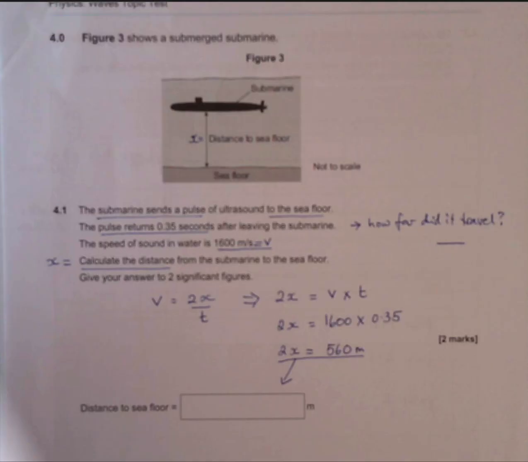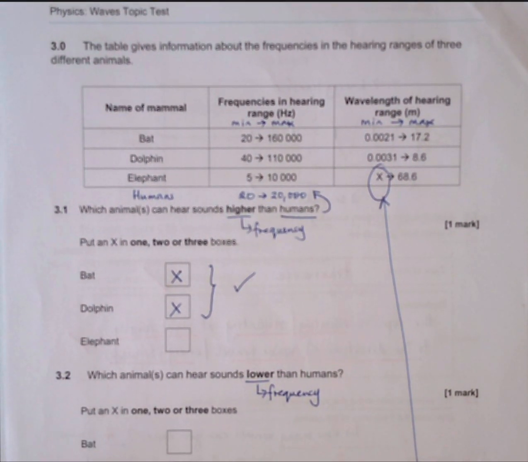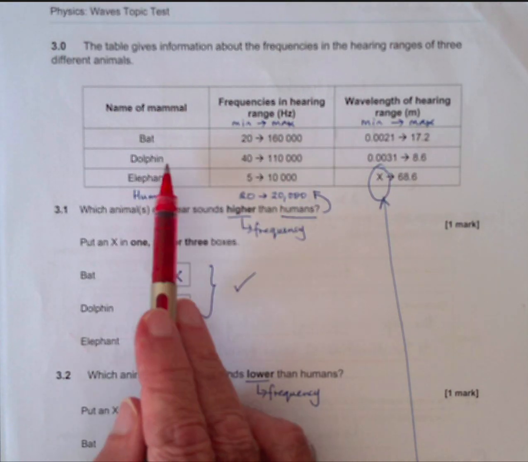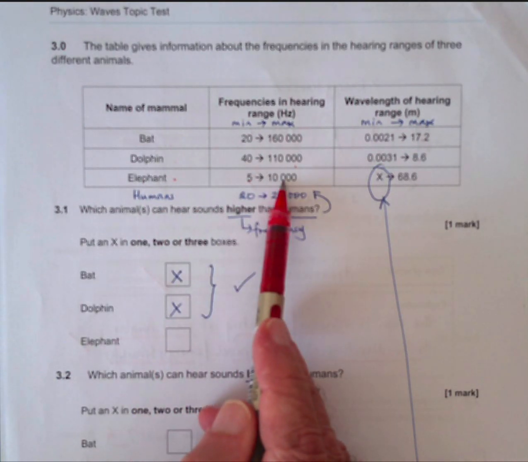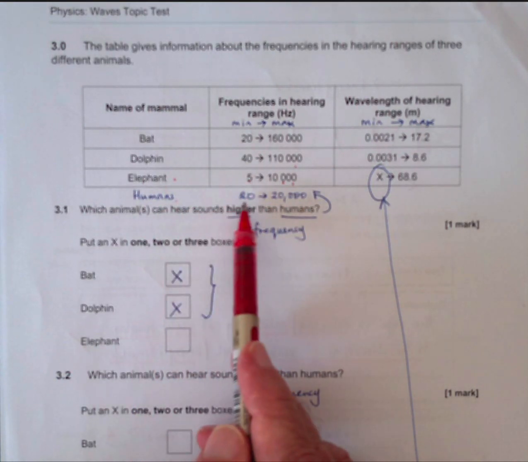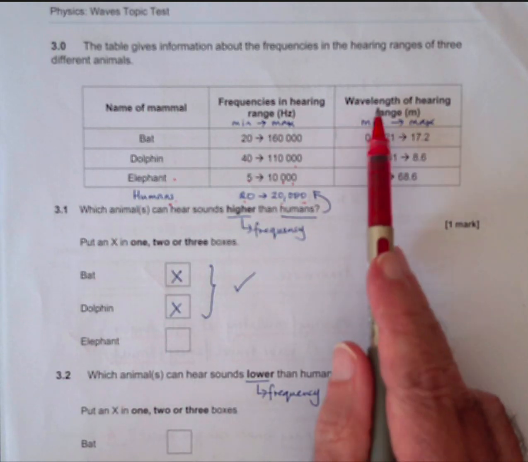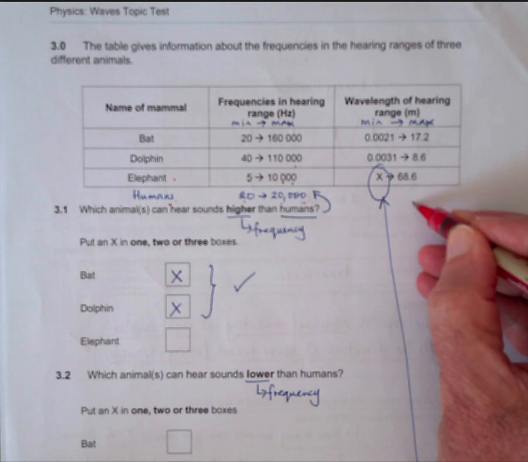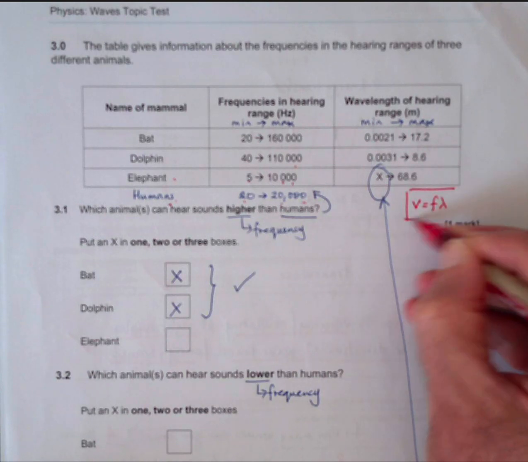Okay, question 3 is about the frequency range of different animals. Bats from 20 to 160,000 hertz, dolphins from 40 to 110,000 hertz, elephants from 5 to 10,000, and humans from 20 to 20,000. I've added that in because that's what I've taught my students. They then converted that into the wavelength range. Remember, v equals frequency times wavelength, which is the wave equation.